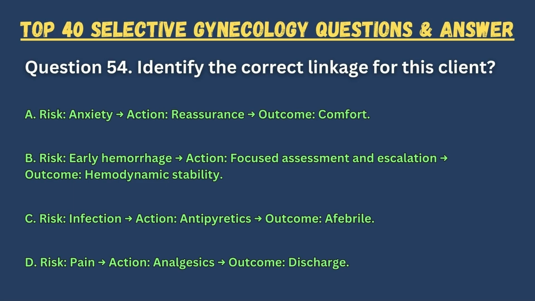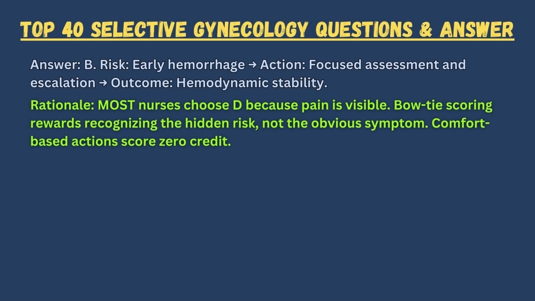D. Risk, pain; action, analgesics; outcome, discharge. Answer. B. Risk, early hemorrhage; action, focused assessment and escalation; outcome, hemodynamic stability. Rationale. Most nurses choose D because pain is visible. Bowtie scoring rewards recognizing the hidden risk, not the obvious symptom. Comfort-based actions score 0 credit.